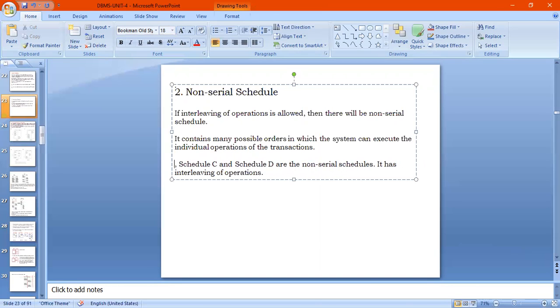It contains many possible orders in which the system can execute the individual operations of the transactions. Schedules C and D are the non-serial schedules as they have interleaving operations.